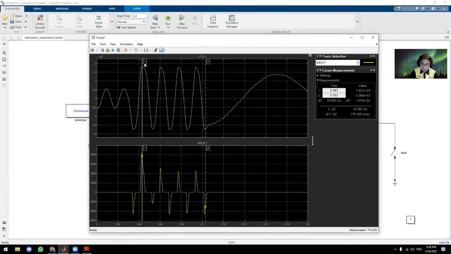So for the voltage, as you can see in the waveform, the voltage swell is from 0 until 0.1 and then begins to clear from 0.1 until 0.2. So during the highest peak at 0.042, the voltage value that we get is 7.205 kilovolt, and it is at the highest for the current value.